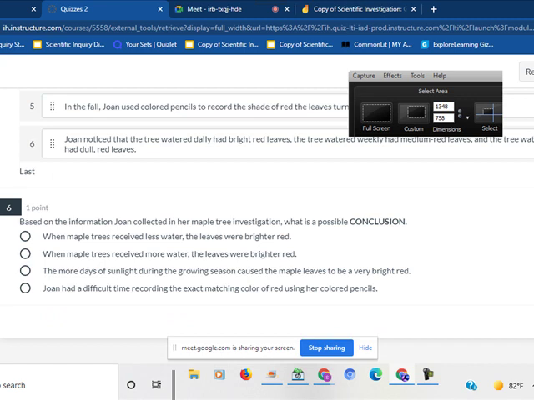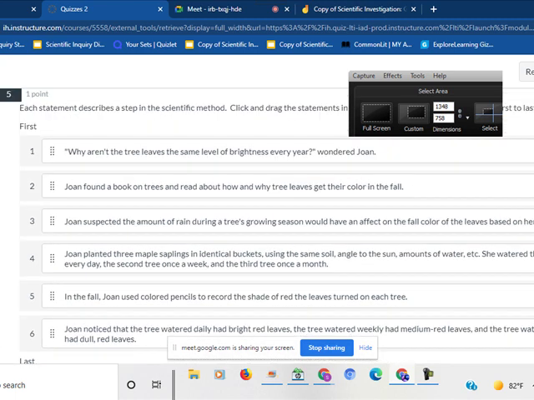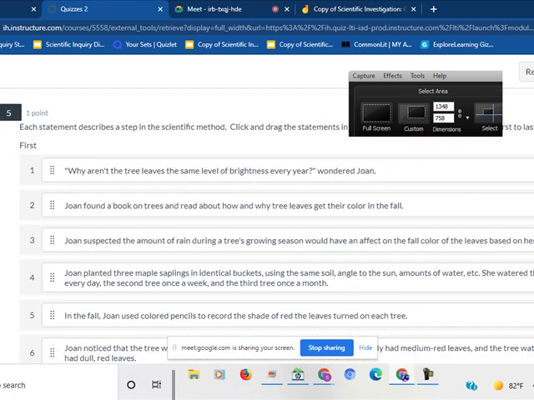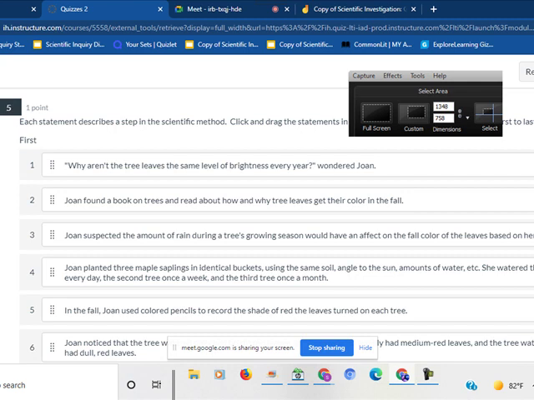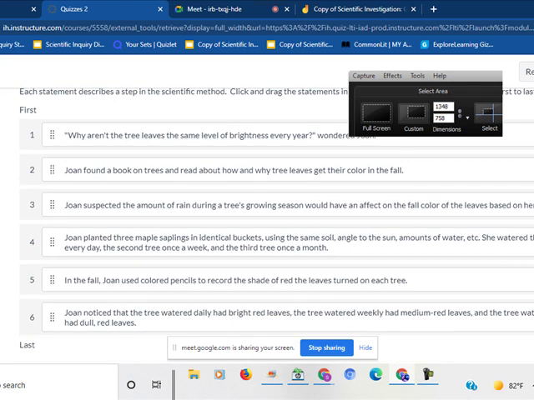Based on the information Joan collected in the maple tree investigation, what is a possible conclusion? Okay, so let's see. Let's read her analysis. What did Joan notice? Joan noticed that the tree watered daily had bright red leaves.